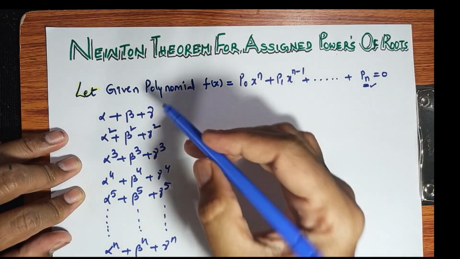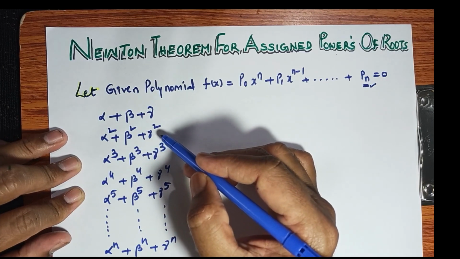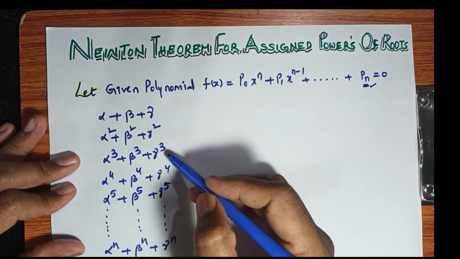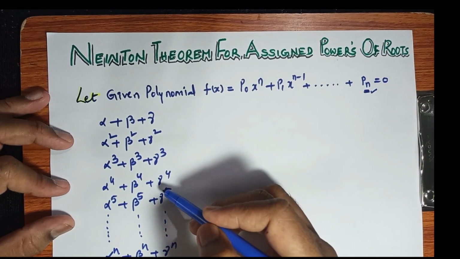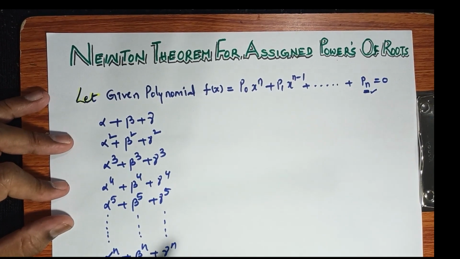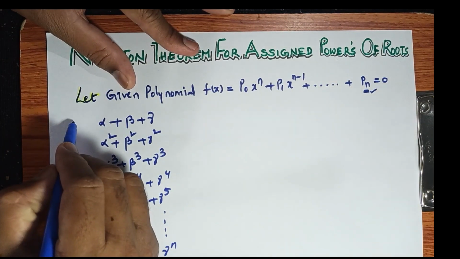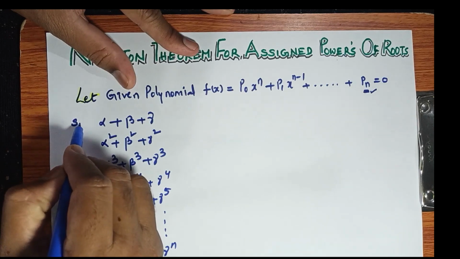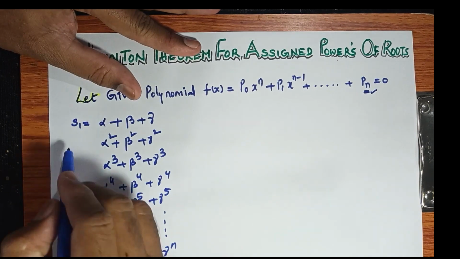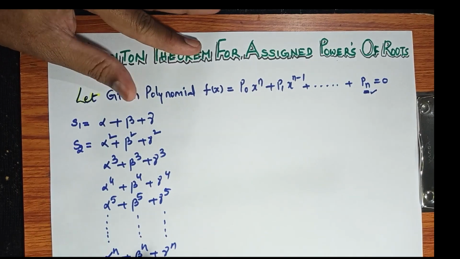I think we can easily find alpha plus beta plus gamma and alpha square plus beta square plus gamma square, and we can also try alpha cube plus beta cube plus gamma cube, but it will be a little bit difficult to find alpha power n plus beta power n plus gamma power n. Let us consider S1 equal to alpha plus beta plus gamma. S2 is equal to alpha square plus beta square plus gamma square.